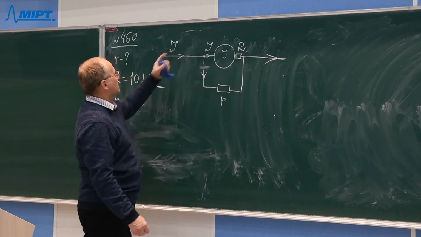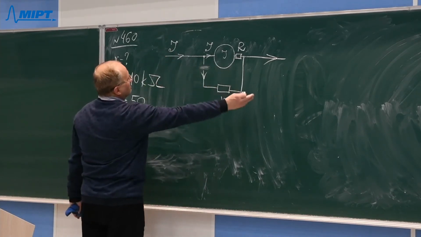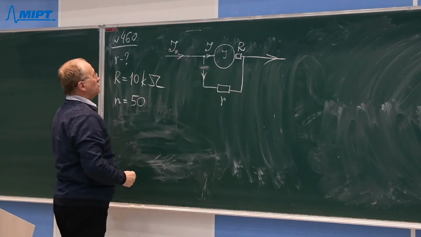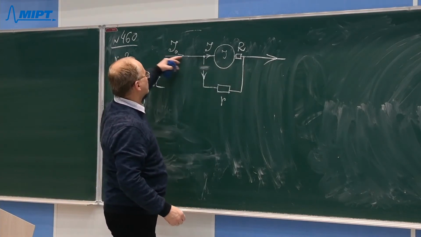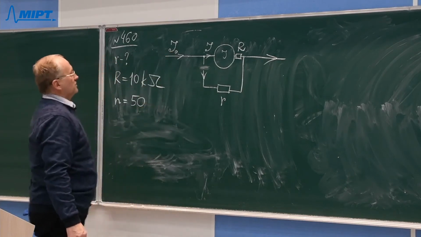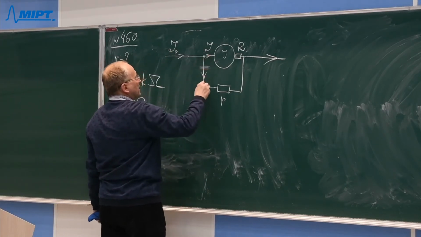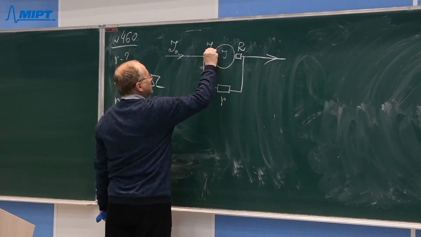It measures this current. Let this original current be denoted by I0. If no shunt is attached here, the galvanometer will measure this I0 current. If we attach the shunt, then the current which will go through the galvanometer will be different.